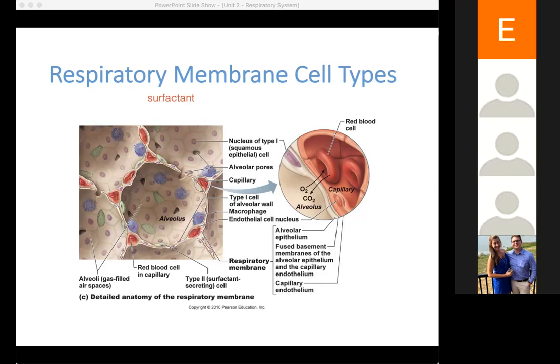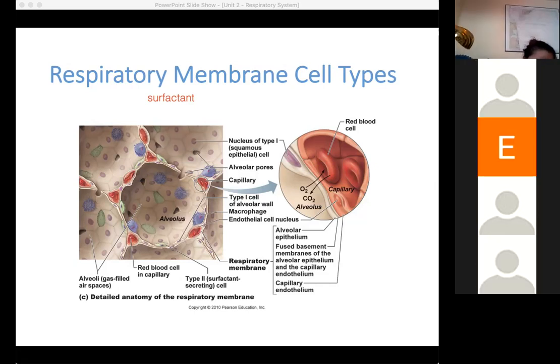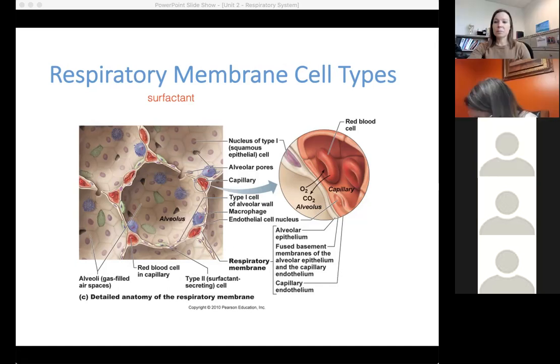When air leaves them, like when you exhale. So even when you exhale and air is moving out of the alveoli, like with a balloon, the alveoli are not going to collapse because of surfactant.